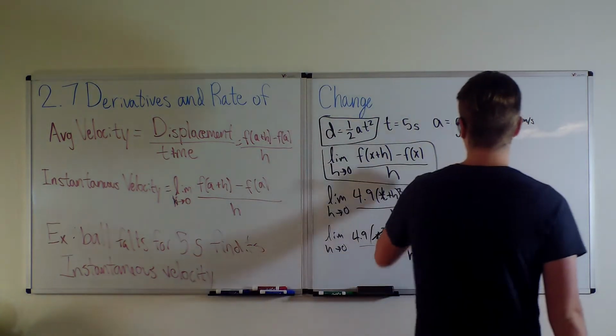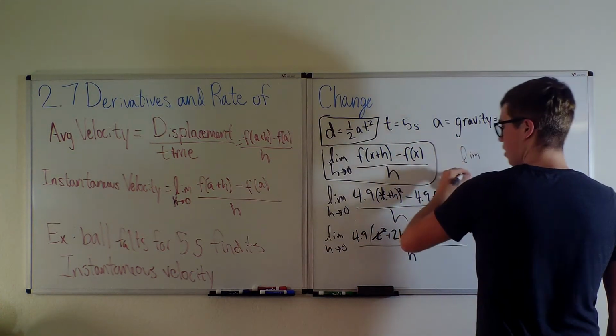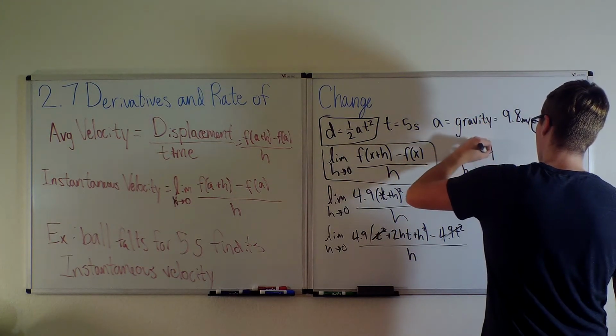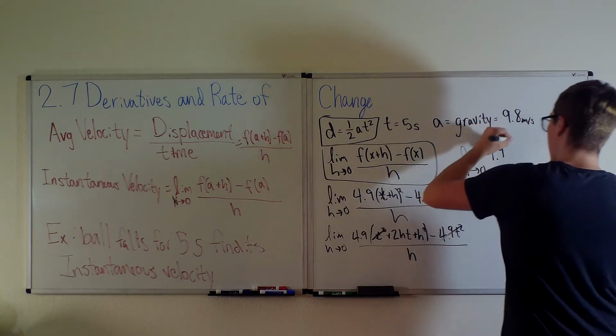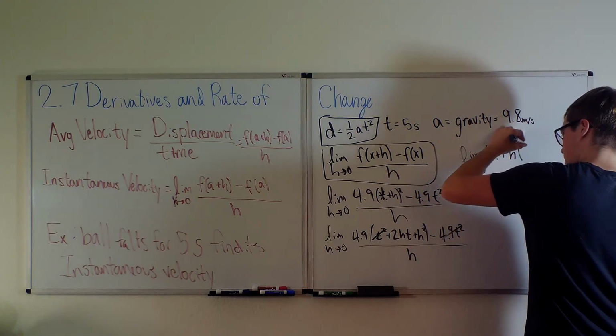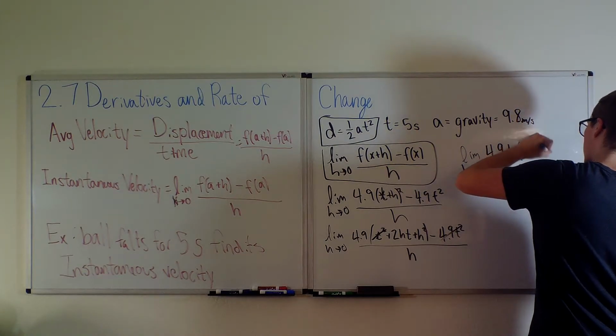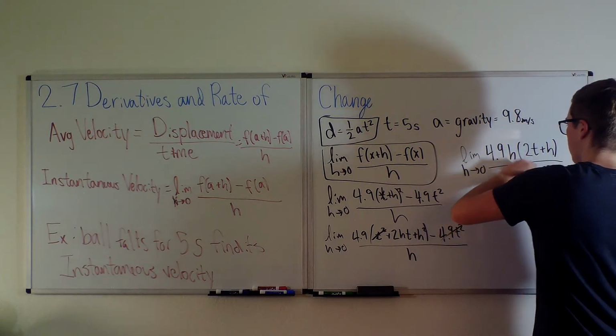So then we cross out the 4.9 t squared because the 4.9 t squared is going to get canceled out. So now we just have limit as h approaches 0 of 4.9 h times 2t plus h, all over h.